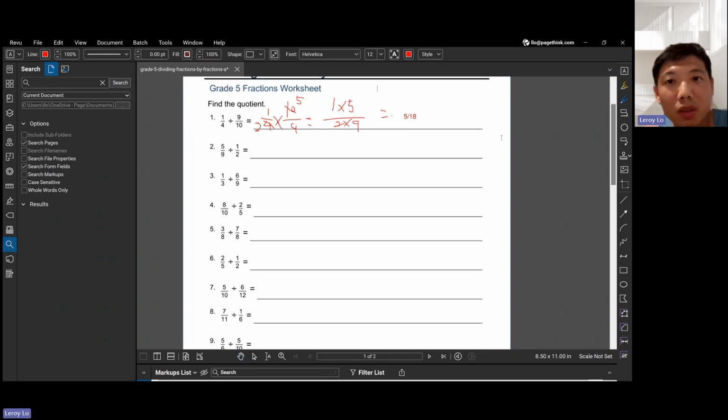So the first step, you flip the second fraction and change to multiplication. Second step, you find the common factor.